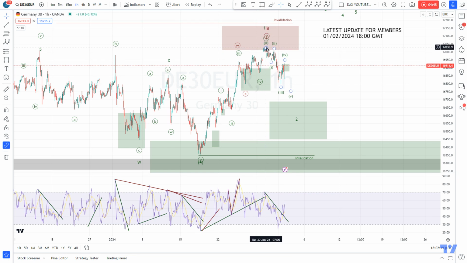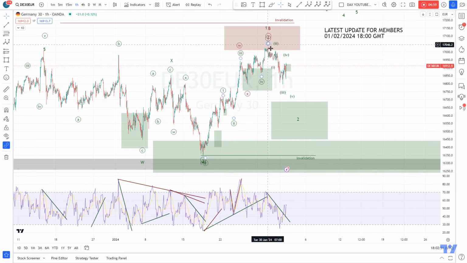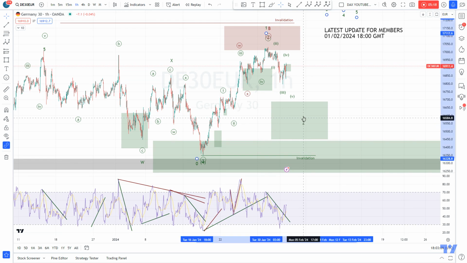So we had kind of a sell-off, although today we made some part of this sell-off already good. And so now the question is, what exactly are we looking at? So first of all, if this is an impulse here in the wave 1 scenario, so that this impulse here is a wave 1 of wave 5, then it could be that we are working on this wave 2, and this wave 2 has to be something corrective.